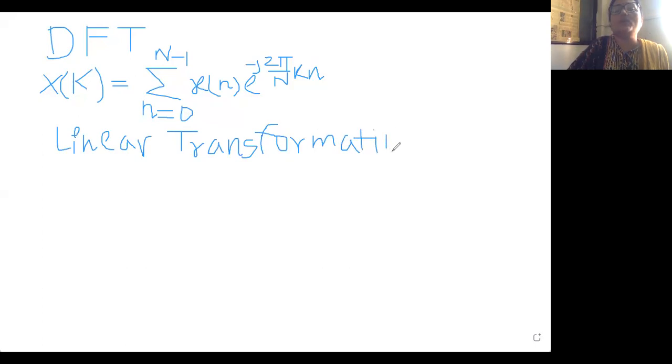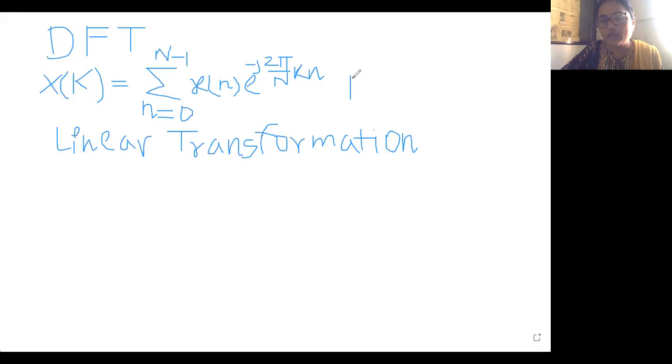Now we will try to represent the input samples as well as the DFT using a matrix. So x of k. When we talk about x of k, these are nothing but the DFT samples.